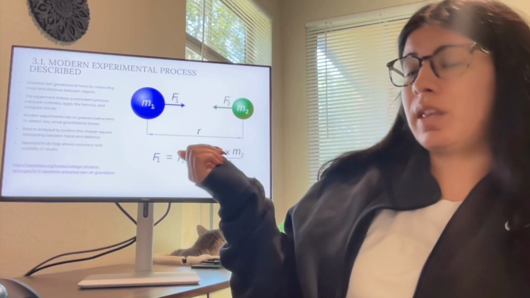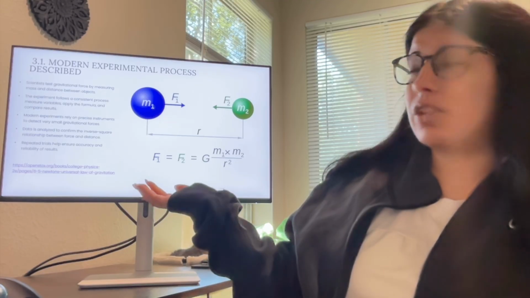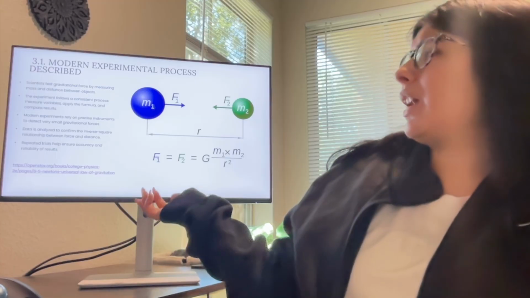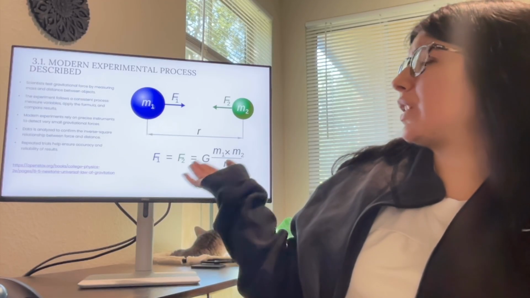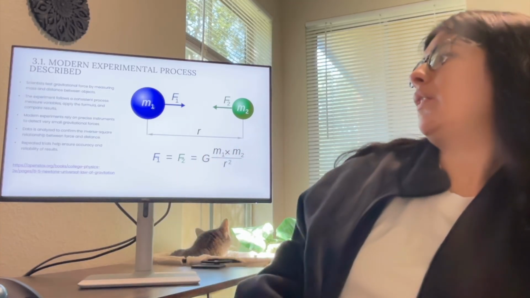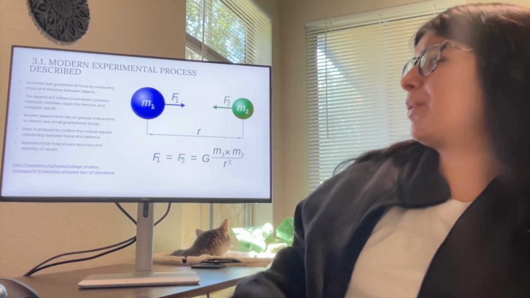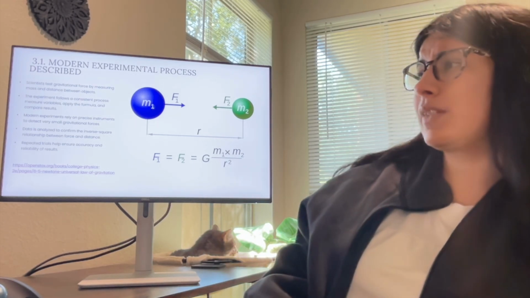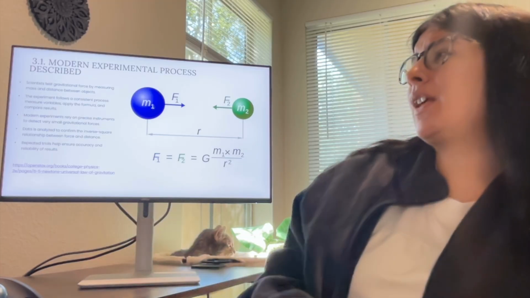In the modern experiment that scientists use, they test gravitational force by measuring mass and distance between objects, measuring variables, applying the formula, and comparing results. They use precise instruments to detect very small gravitational forces, which makes it more controlled and precise.